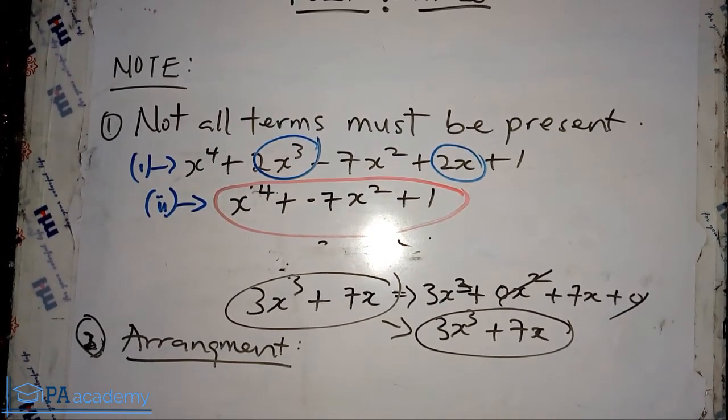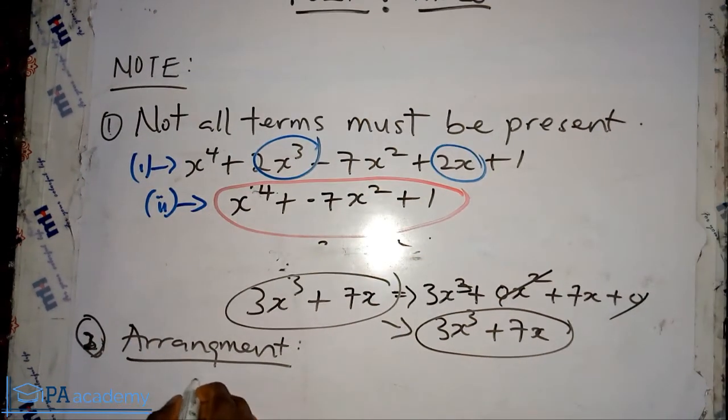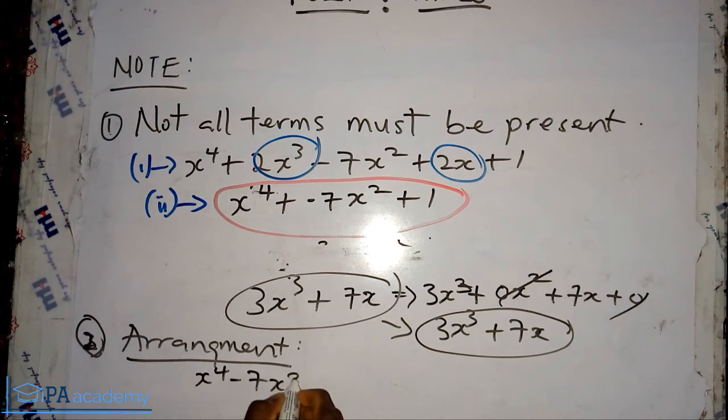Now let me use this one as an example. This one we have x raised to the power 4 minus 7x squared plus 1. You can see that it is in decreasing order of the power of x. Here it is raised to the power 4, then the power 2.